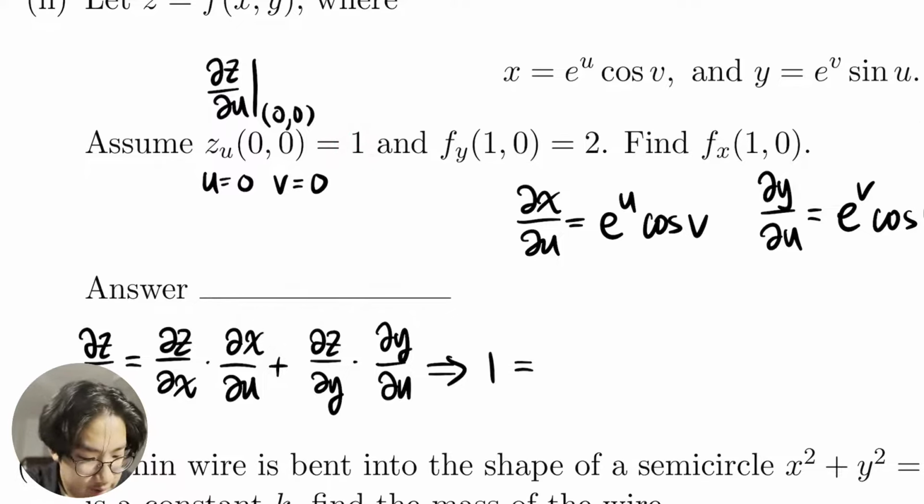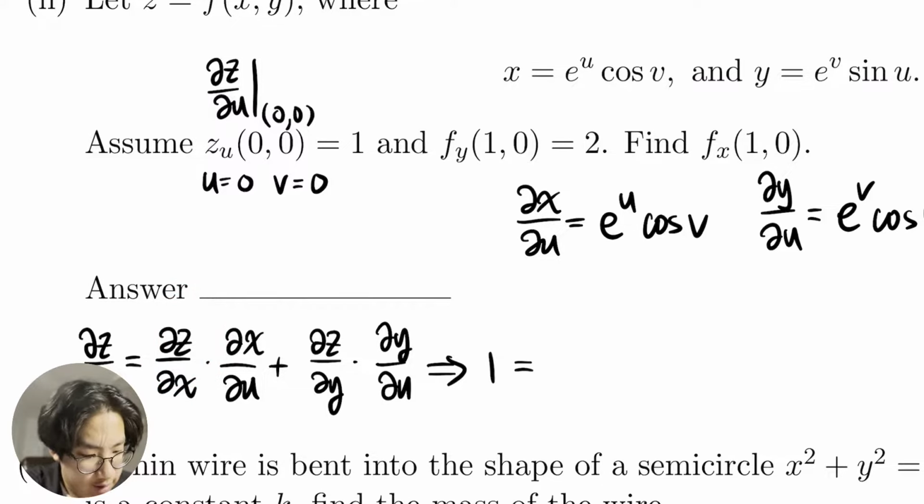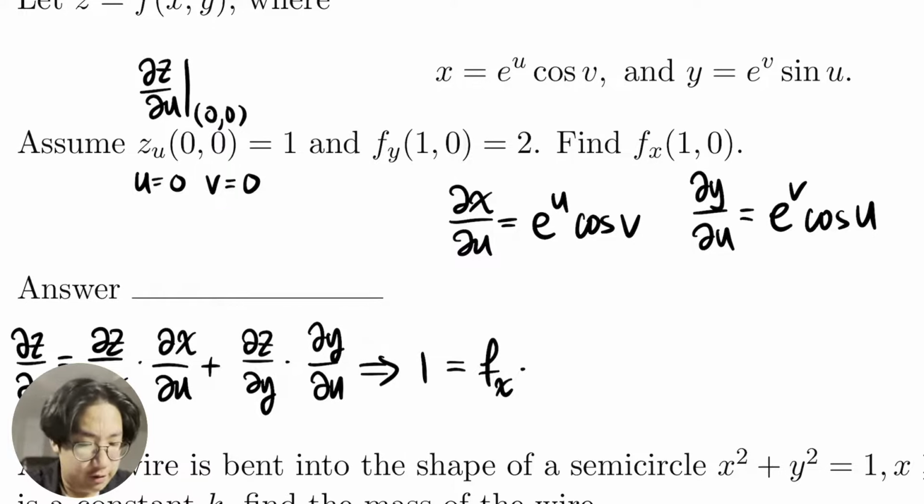So we have 1 is equal to, and again, partial z, partial x is what we're solving for. Here I'll just write it as f sub x, just so we're on the same page. And then partial x, partial u, we just solved, so this is equal to 1, so this times 1.